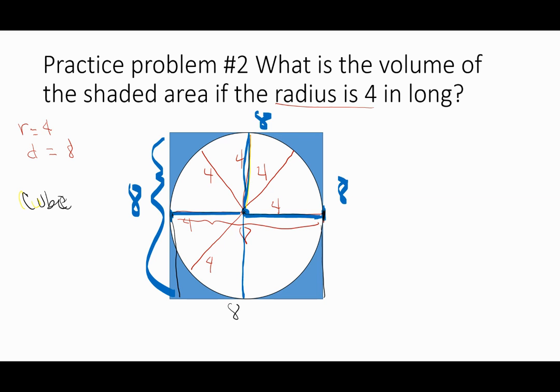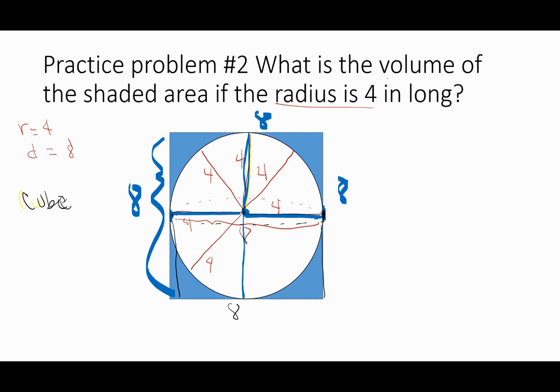So in this cube that we have in here, you could put in here that this is 3-dimensional as best we can. We need the volume of the shaded area. So we're assuming that everything is 3-dimensional.